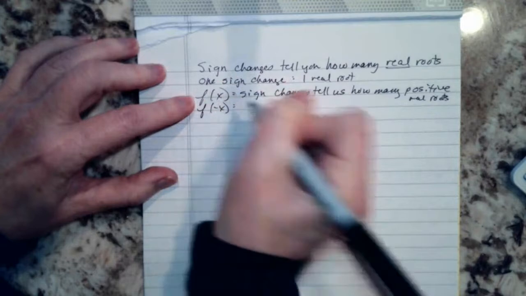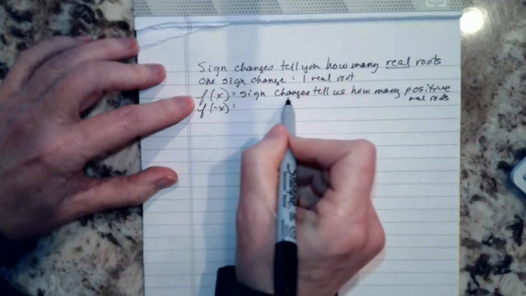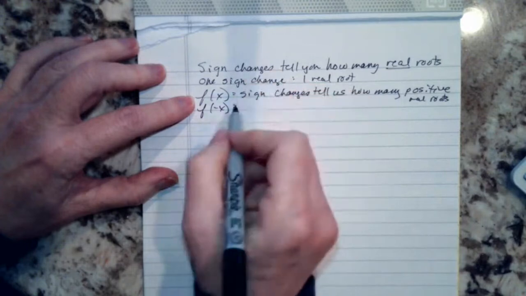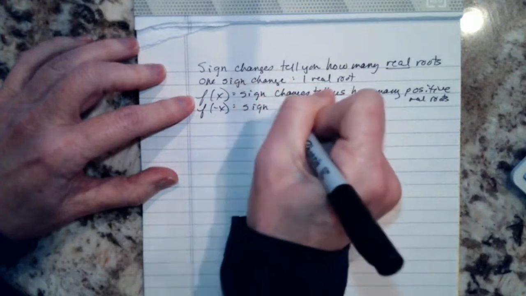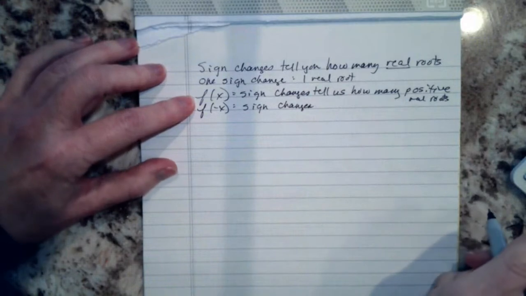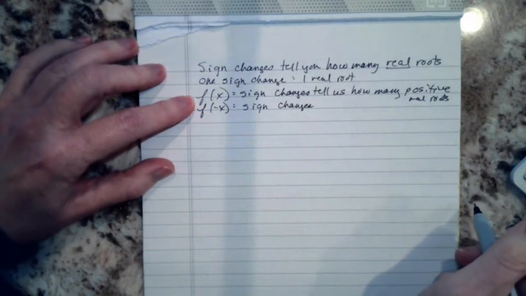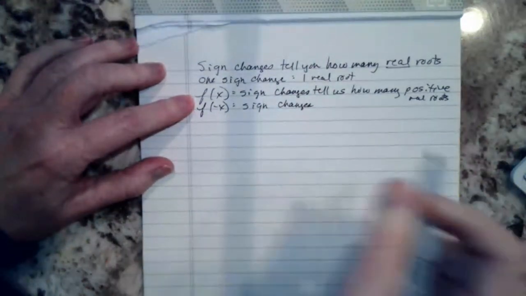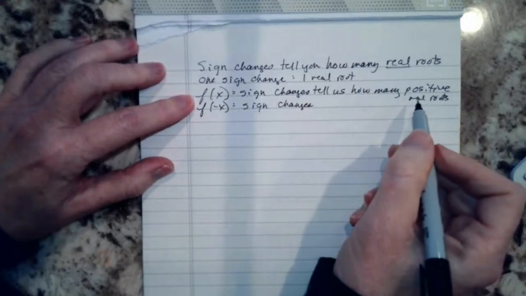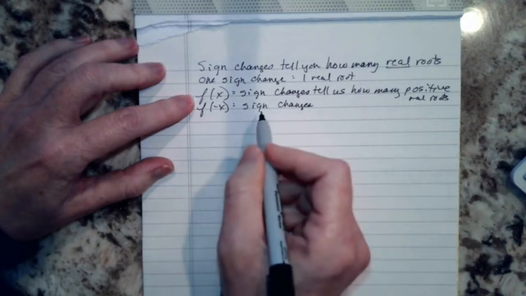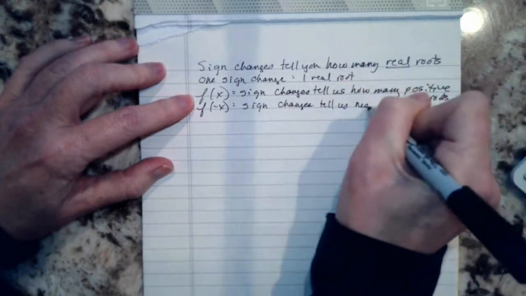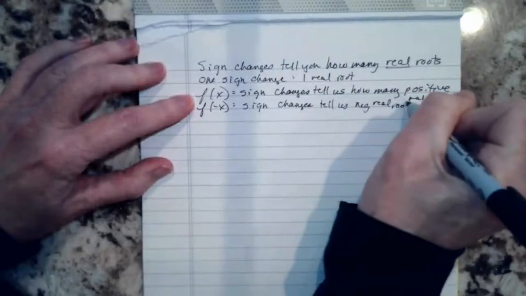If you plug in f of -x, the sign changes tell you how many negative real roots you have. So the same stuff, sign changes, and we're going to look at this. I know right now you're like, no, don't get that, but you will. We're going to do 3 of these to come up with how many sign changes there are and what that tells us about positive real roots and negative real roots.